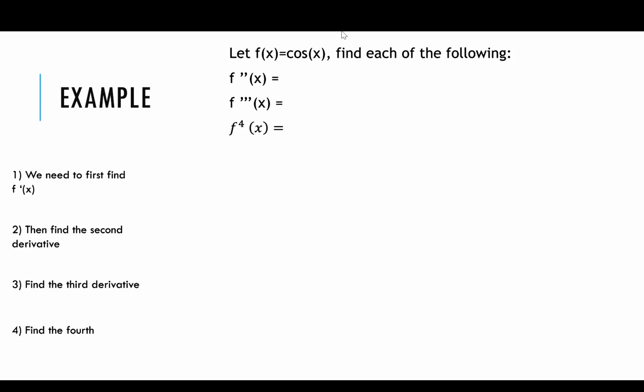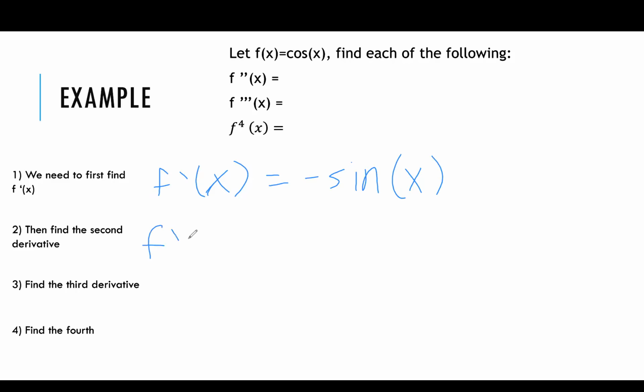So for this example, f prime of x, if our function is cosine of x, the derivative of cosine x is negative sine x. And if you didn't know that, then you could look back at the beginning of my video, or if you had it written down from the video as well. So our first derivative is negative sine x.